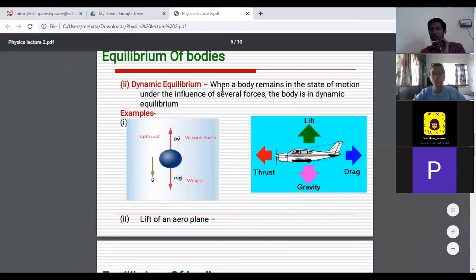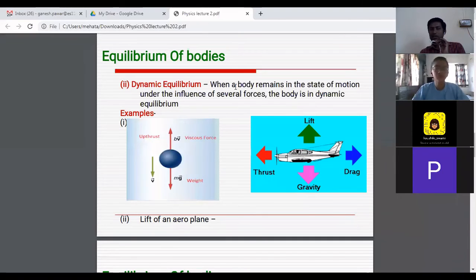You can see the statement over there. The statement is very important. When a body remains in a state of uniform linear motion or uniform rotational motion under the influence of several forces, the body is in a dynamic equilibrium. Now we'll try to understand the meaning of this statement with the help of examples.